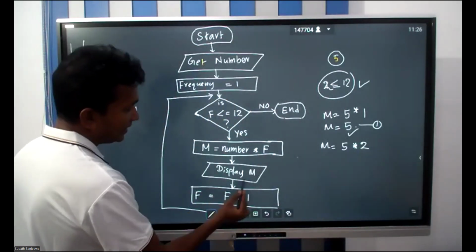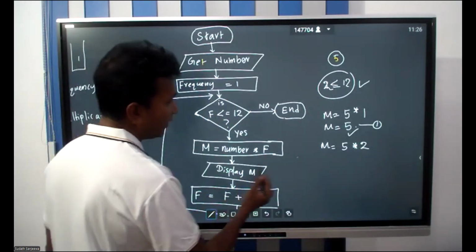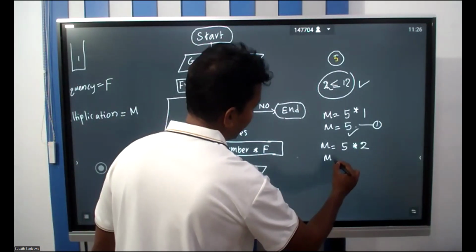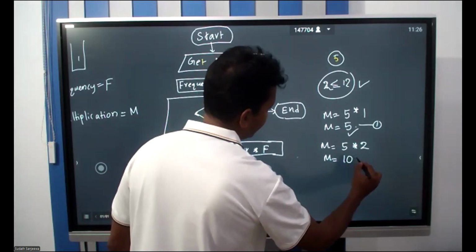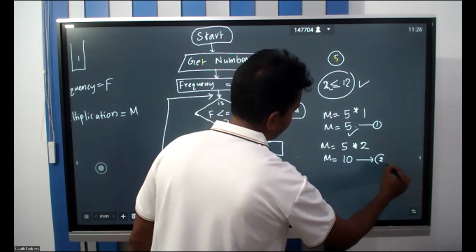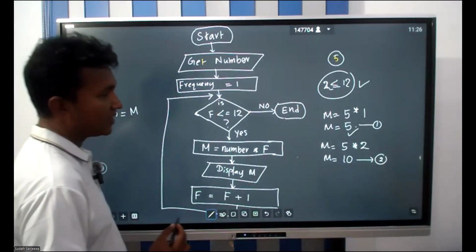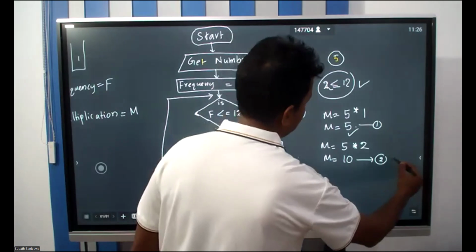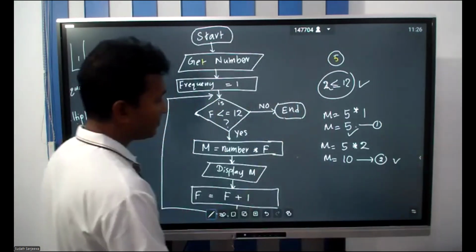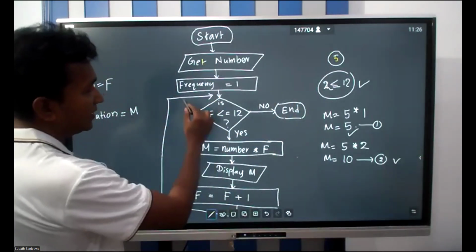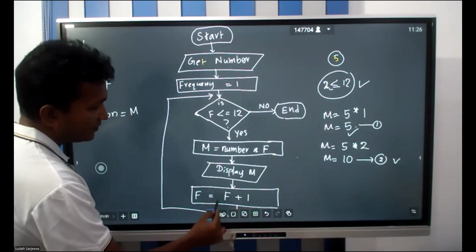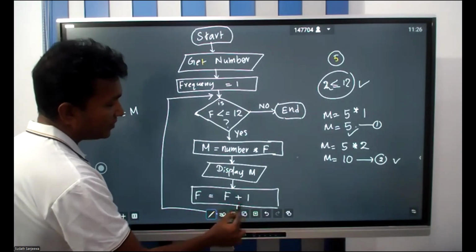Then I display the value of m. My m is now 10. This is my second step. Again, I go to this place and increase frequency by 1.